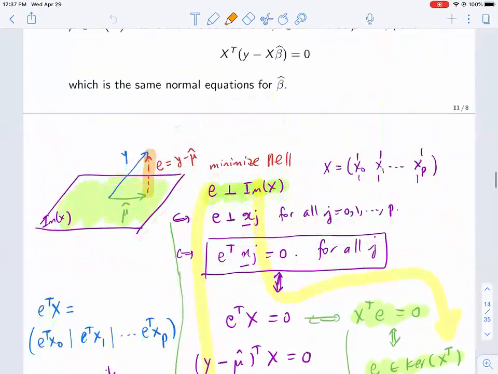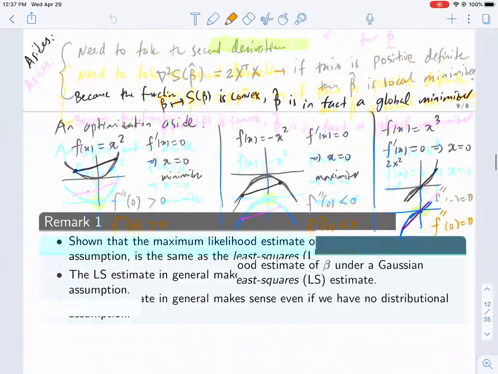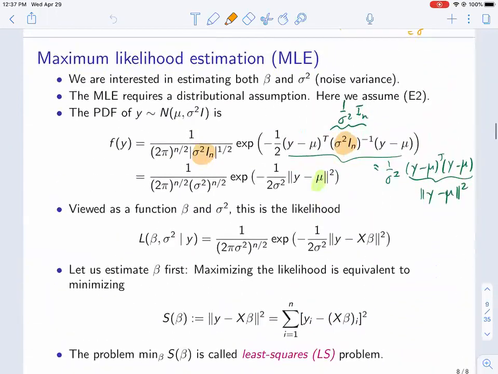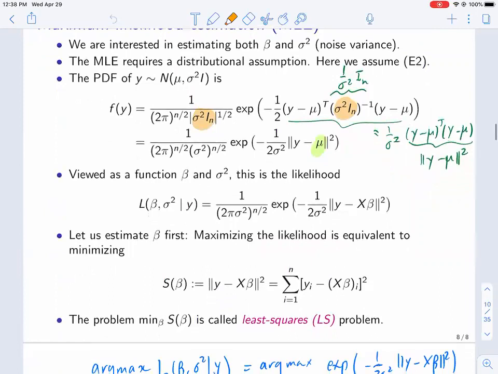So what we have here is the maximum likelihood idea. We used the maximum likelihood estimation procedure to estimate beta, and we concluded that the problem reduces to the least squares problem, which minimizes the sum of squares of error between y and x beta.